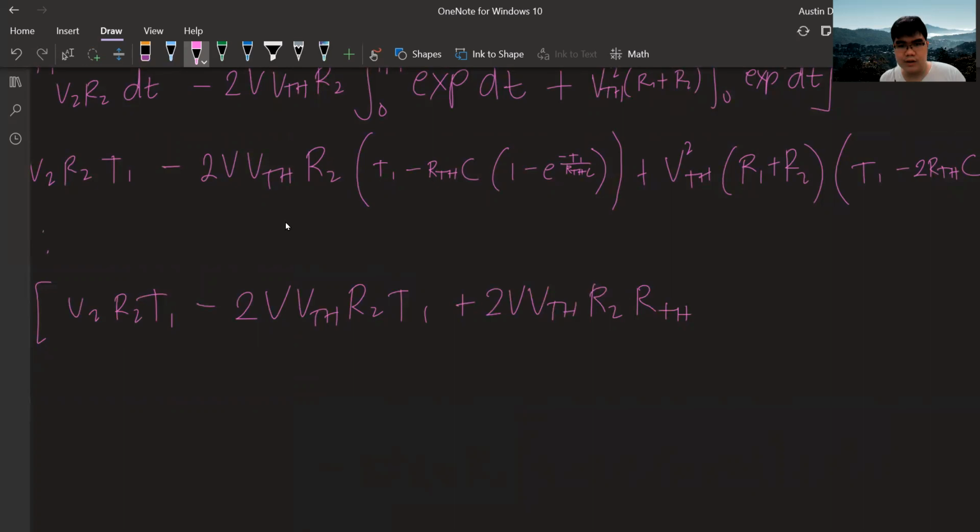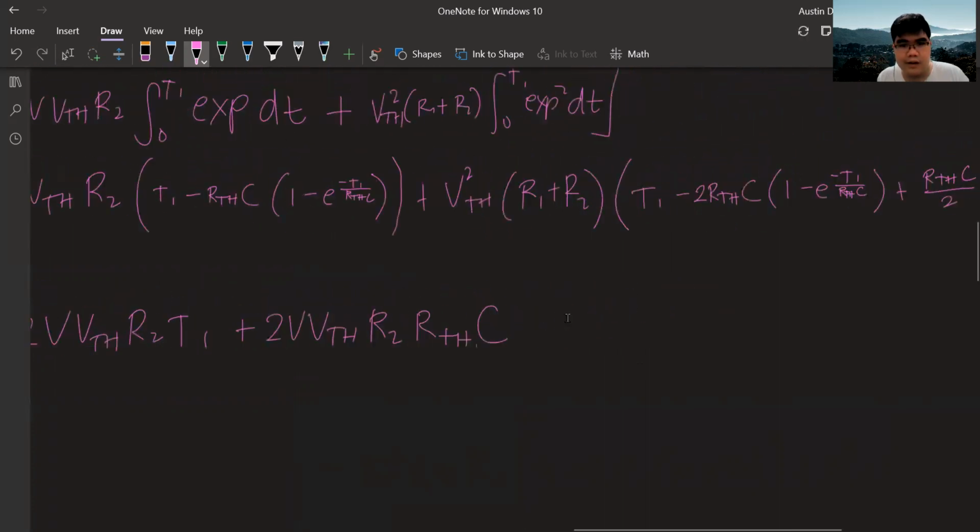R_th C. So, wala tayong kinukuhang exponential. So, this is that term times this. So, kailangan positive siya, no? And then, let's continue.